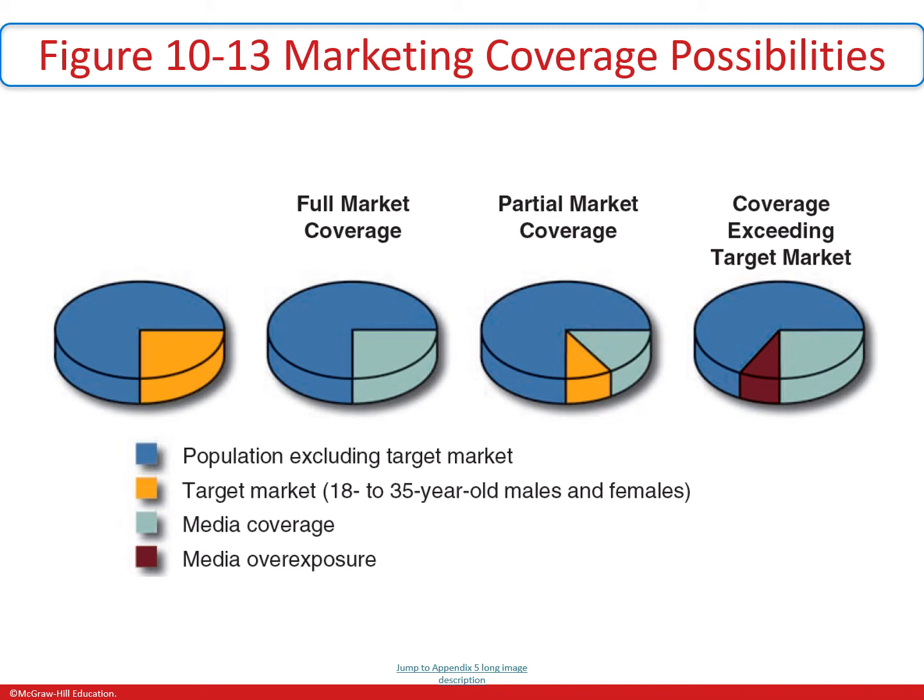This is the second diagram from the left. That is full market coverage. Partial market coverage is when only some of the target market is being reached by the medium selected, and then you have media overexposure or waste coverage, that burgundy area, where the media coverage exceeds the target market.